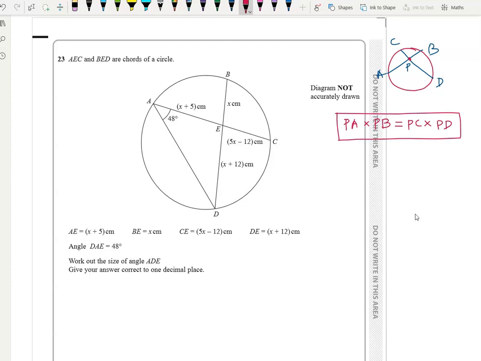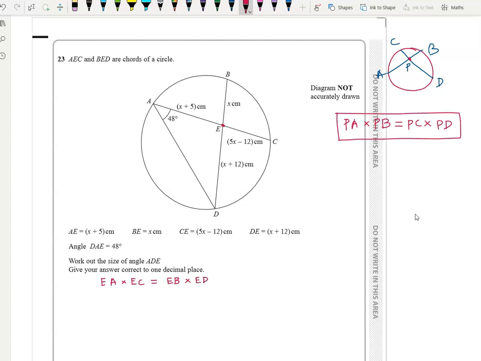So in this diagram we have the chords AC and BD intersecting at point E. So we can write here EA, the first part, and the second part of the same chord is EC. EA into EC equal to EB times ED.